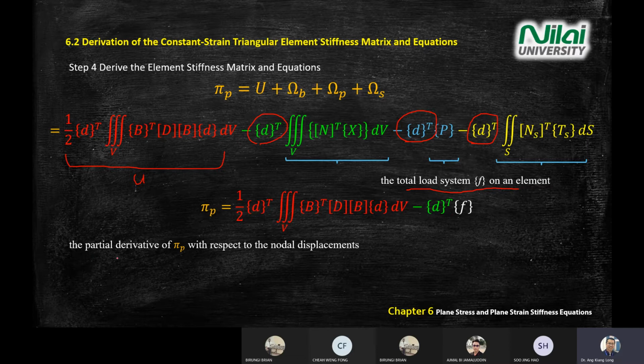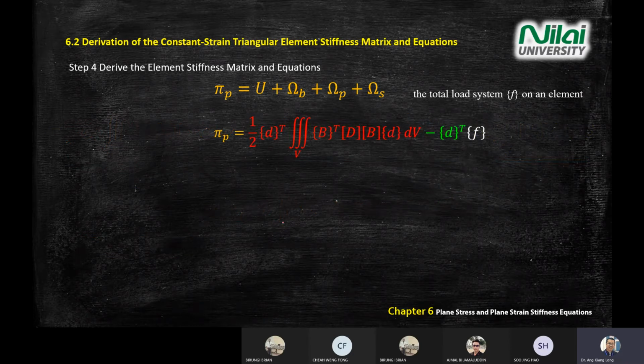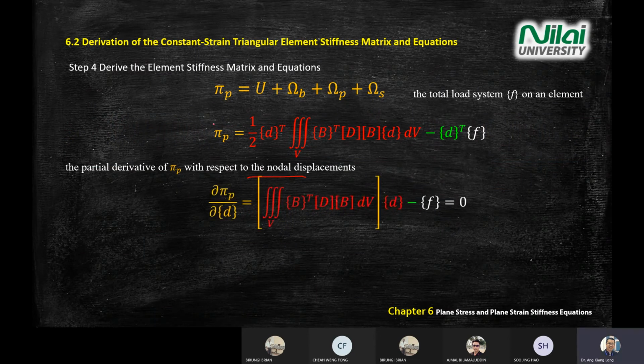Again, we will do differentiation, derivative, means differentiate. We will differentiate this whole equation with the nodal displacement. You see the mathematics equation. You will differentiate, means you do the dy over dx. In this case, your y is this one.